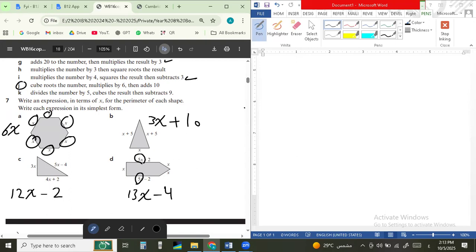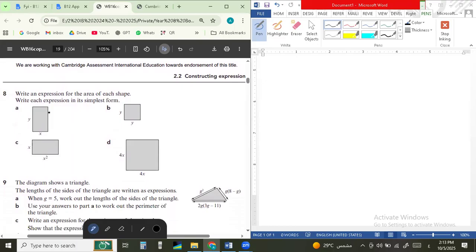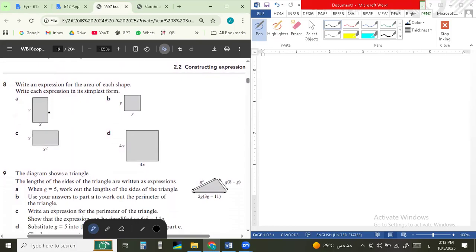Now I wrote an expression for the perimeter of the four shapes. Write an expression for the area, and we agreed area is length times width. x times y is xy. y times y, y squared. We add the powers. x times x squared is x cubed. 4x times 4x, 4 times 4 is 16. x times x, x to the power of 2.